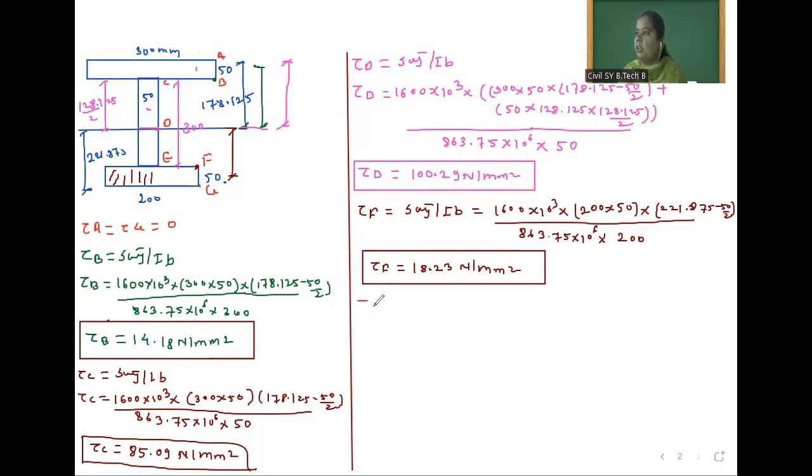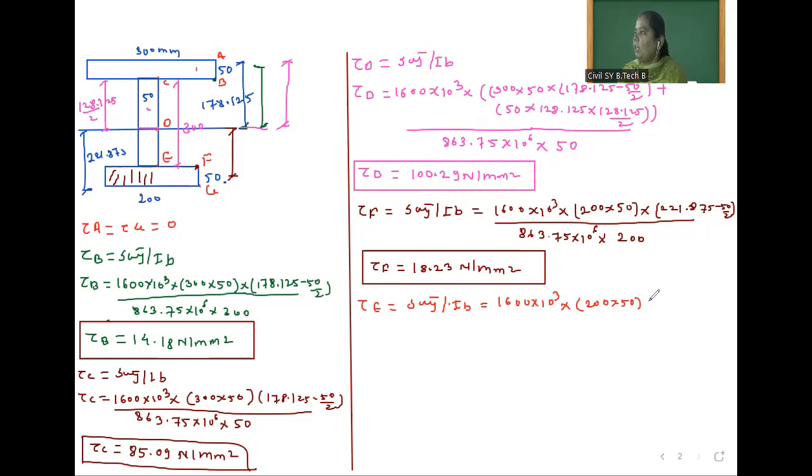So tau E is equal to A y bar divided by I B, which is equal to shear force 1600 into 10 raised to 3, into area, same, 200 into 50. Again y bar is same, only here width will be changed.